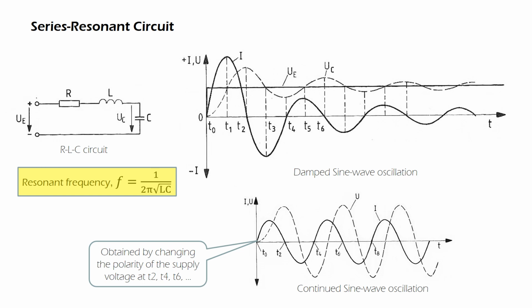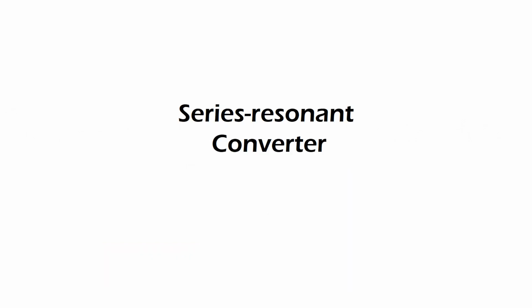Next, we will study the series resonant converter, which uses a bridge circuit to change the polarity of the voltage applied to a series resonant circuit. This section of the tutorial will cover two types of series resonant converters, the full bridge circuit and the half bridge circuit.